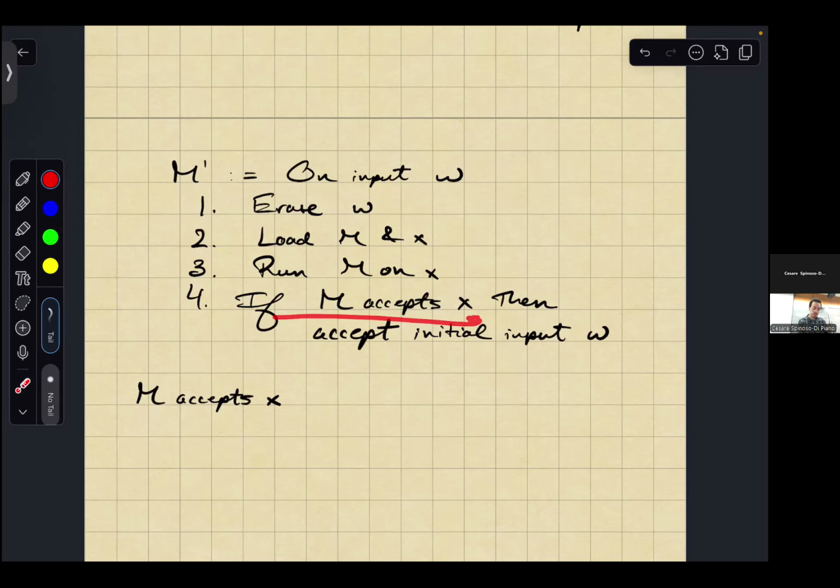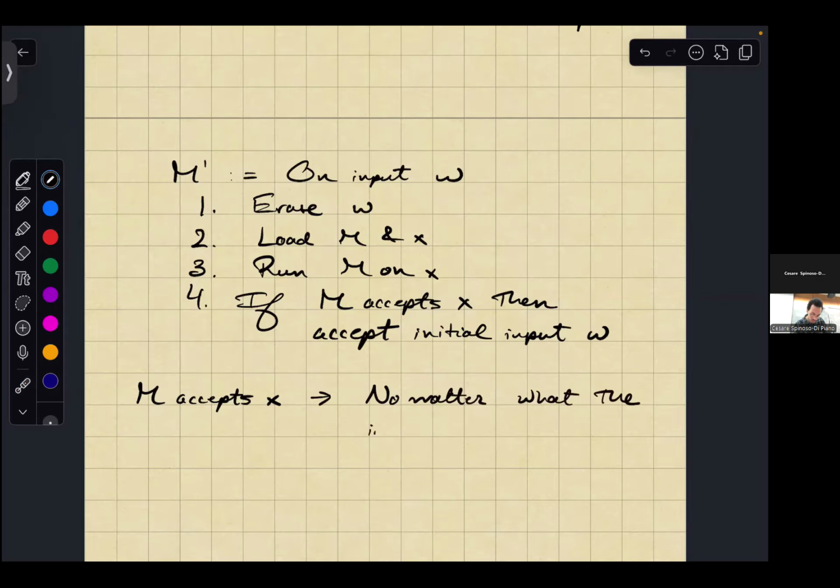And that means that M prime, no matter what the input W, will accept it, because the if statement on line 4 is always true.